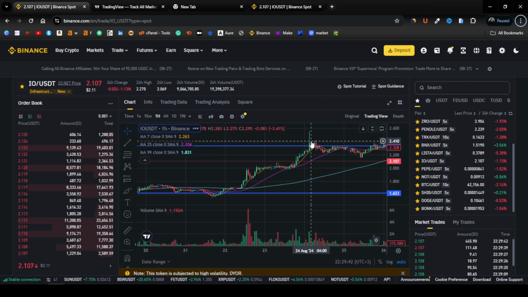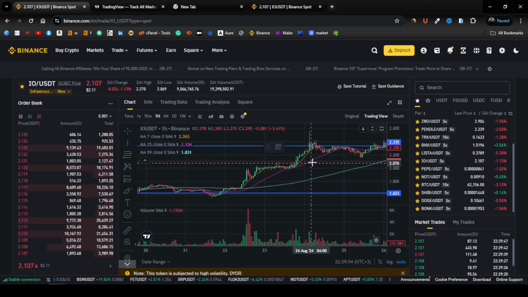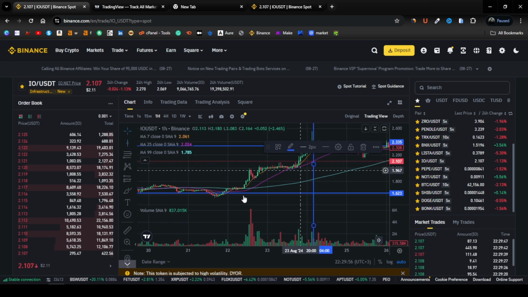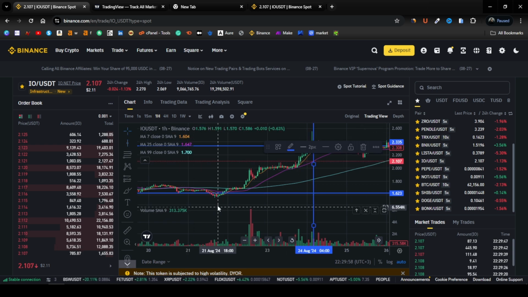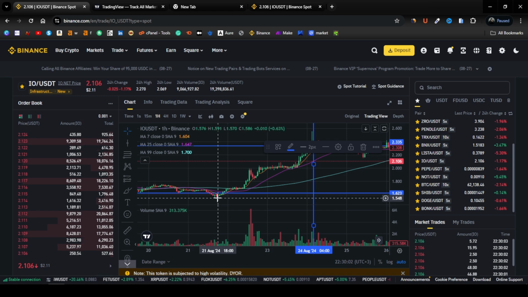Okay, so I'm going to draw a vertical line here to show these. So let's see, vertical line. Right, so I'm going to draw a vertical line there, and I'm going to draw the other one here.